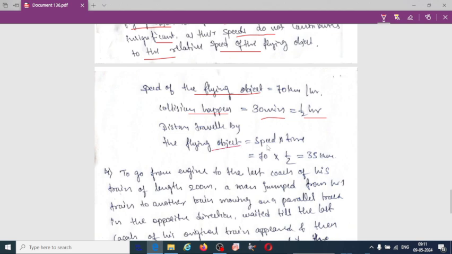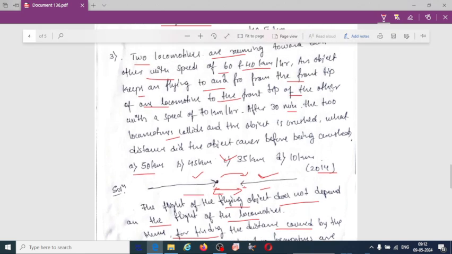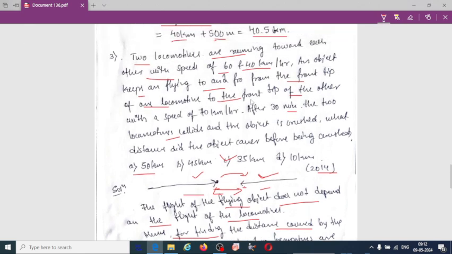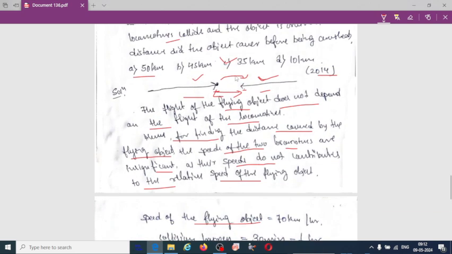So for the flying object, the distance we can calculate with the help of speed into time. 70 into 1 by 2, how much? 35 kilometer. So option C is correct here. The object is moving with a speed of 70 kilometer per hour, so the answer is 35 kilometer.